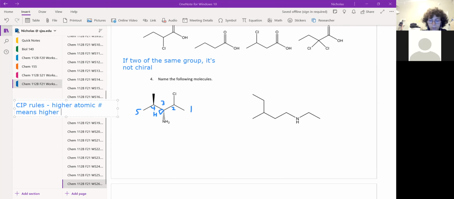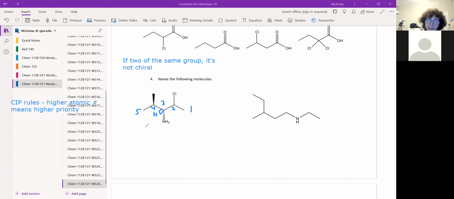Just writing it down so it's on the screen. So basically, if we're looking at this one, I think the number one priority and number four are easiest. I'll go through the whole reason why, just to make sure everybody's on the same page. Which one is number one here?